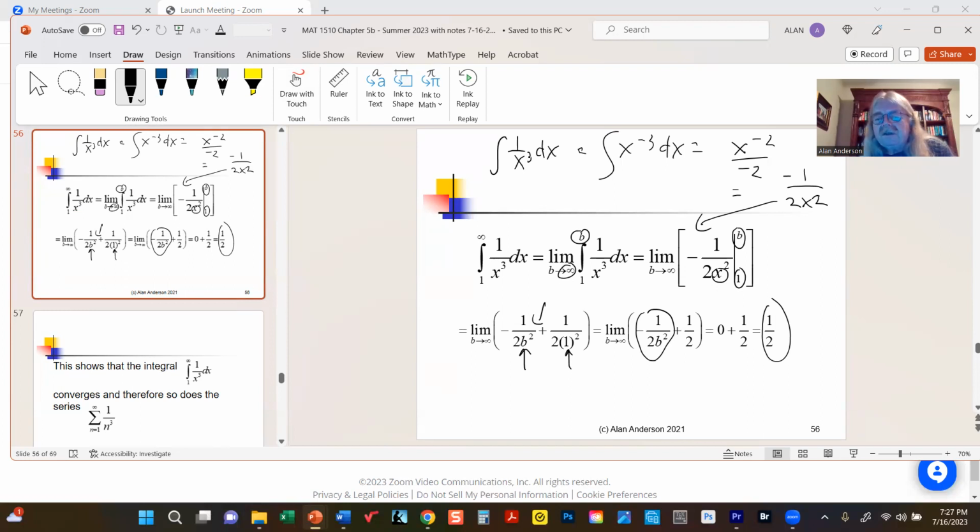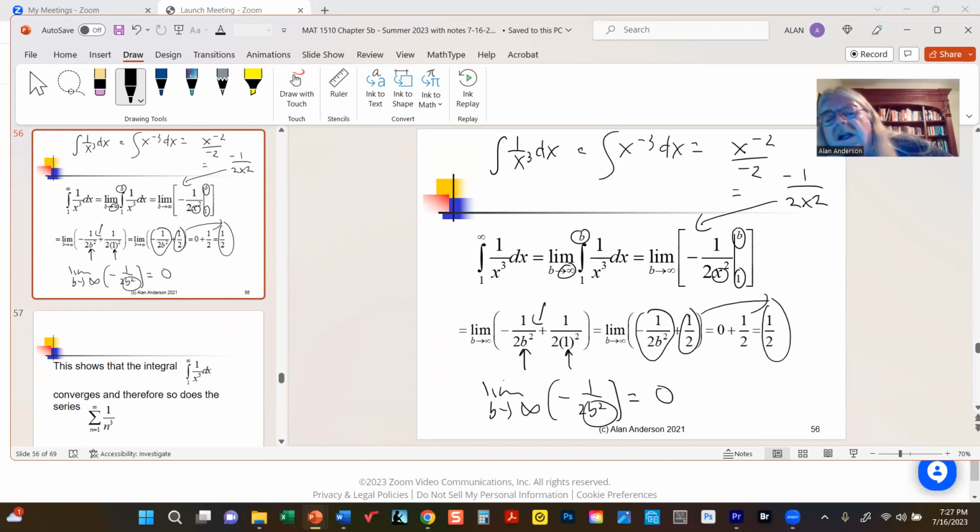And we're going to take the limit of these two. The second term is a constant, so that will just stay as a half. But the limit as b goes to infinity of negative 1 over 2b squared will just be 0, because b is becoming infinitesimally large here, and so that ratio has to be 0. So the final result is a half.